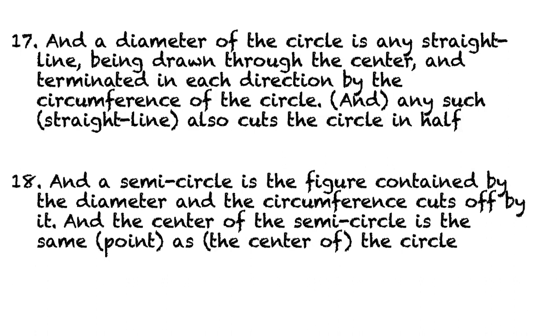18. And a semicircle is the figure contained by the diameter and the circumference cut off by it, and the center of the semicircle is the same point as the center of the circle. It seems like commentators use this definition to classify figures in two ways.